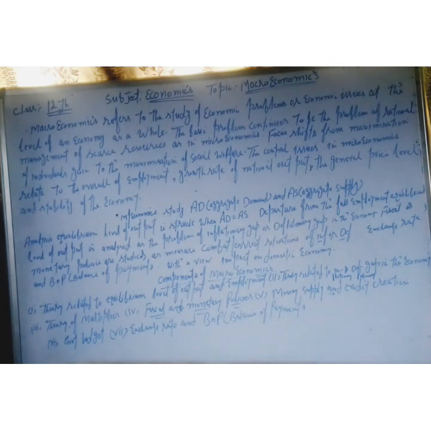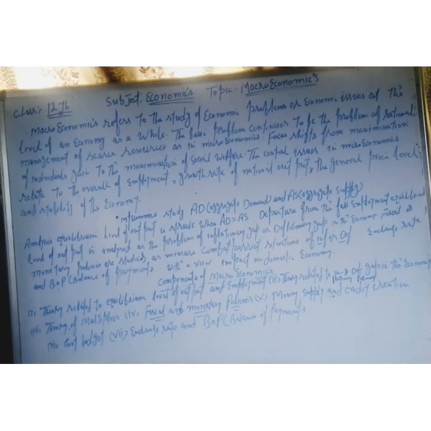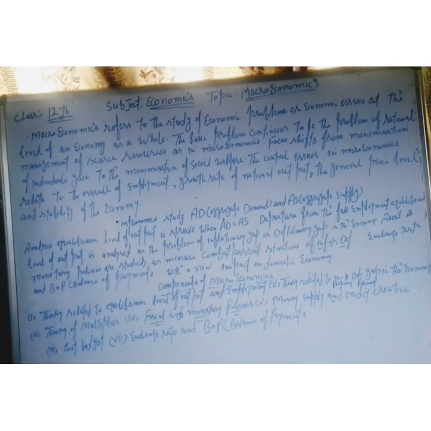Components of macroeconomics. Number one, theory related to equilibrium level of output and employment.